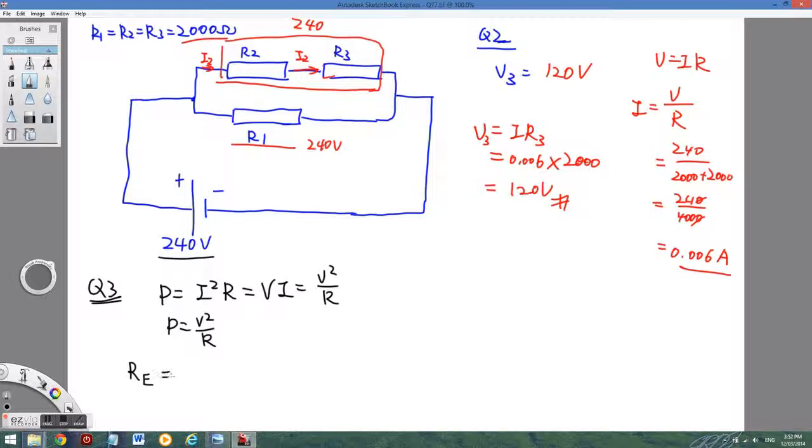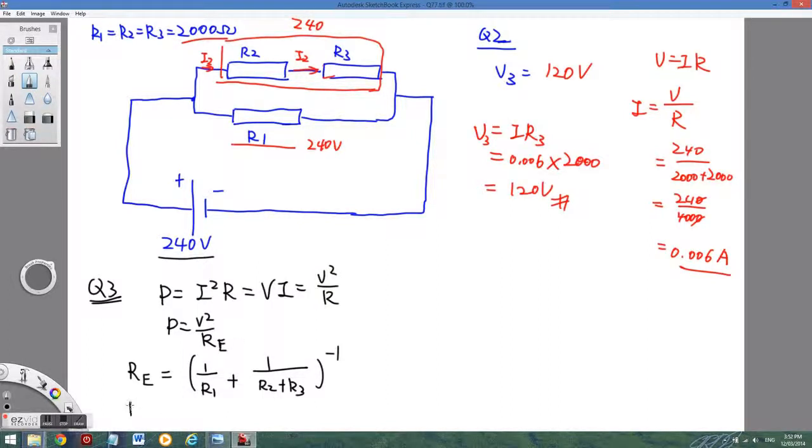Since this is a circuit in parallel, I have 1 over R1 plus 1 over the bracket R2 plus R3, because R1 is parallel to the two of them, then bracket to the power of minus 1.